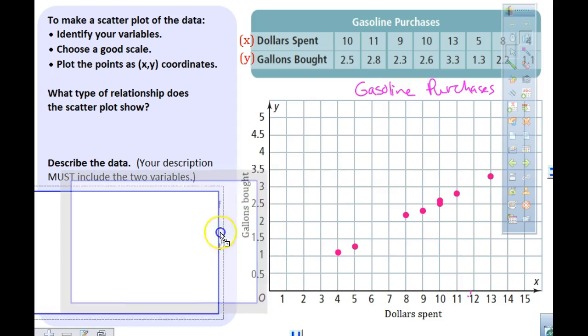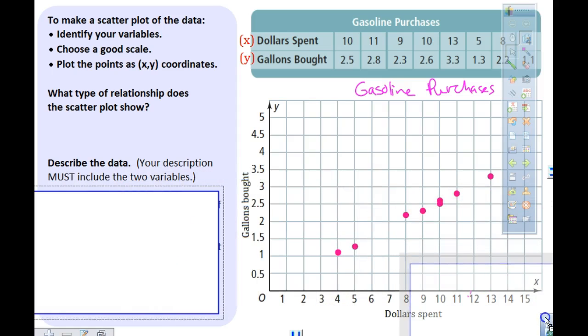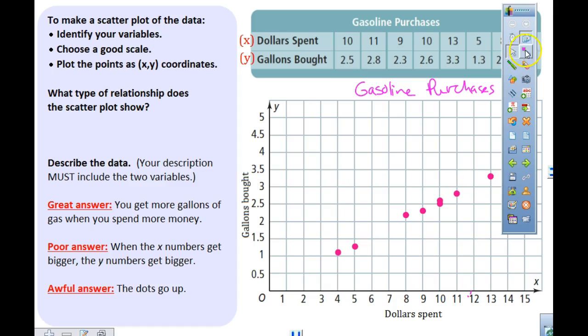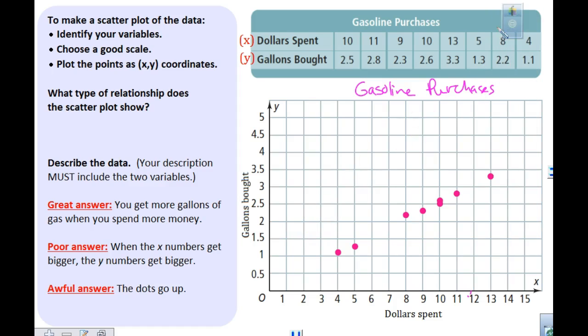It increases, right? So I'm going to give you 3 different answers here so you can take a look. A great answer might be something like, you answer the question, say, you get more gallons of gas when you spend more money. The more money you spend, you get more gas. A poorer answer, which would still be an okay answer, but not great, would be that you say, when the X number gets bigger, the Y gets bigger.